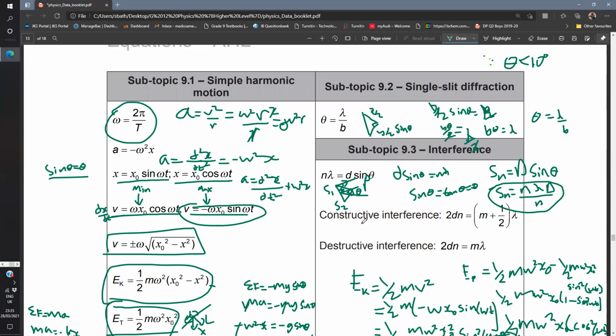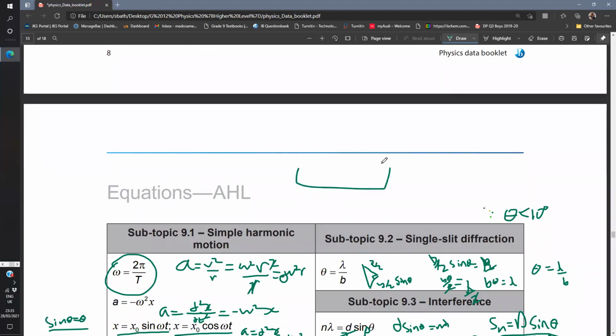Okay, now we're going to discuss constructive and destructive interference. So here we are talking about thin film. So we have an incident line, we have the normal, we have a reflected light.